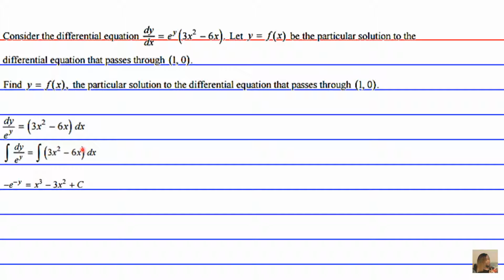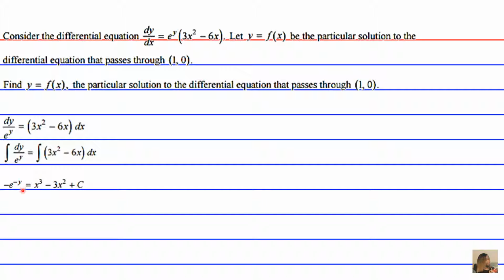Here our n is 1, so you raise it to the second power and we also divide by 2. So we get a 3, right? So we subtract 3, and then we add a constant of integration because we're not finding a definite integral.